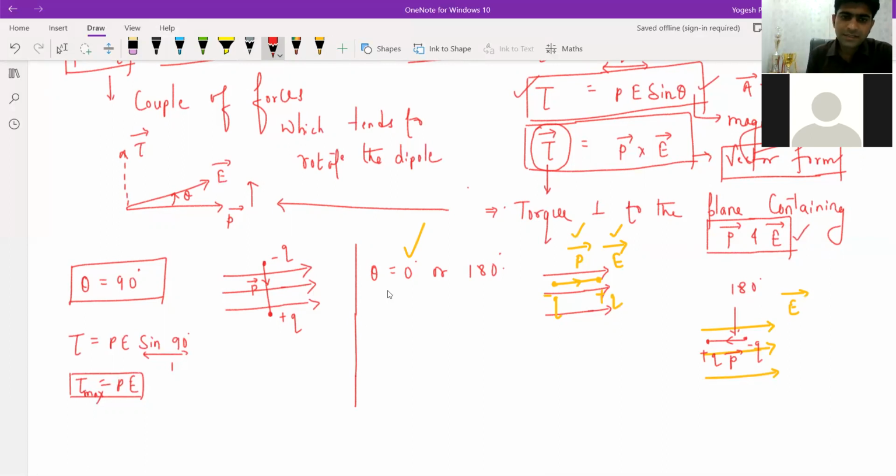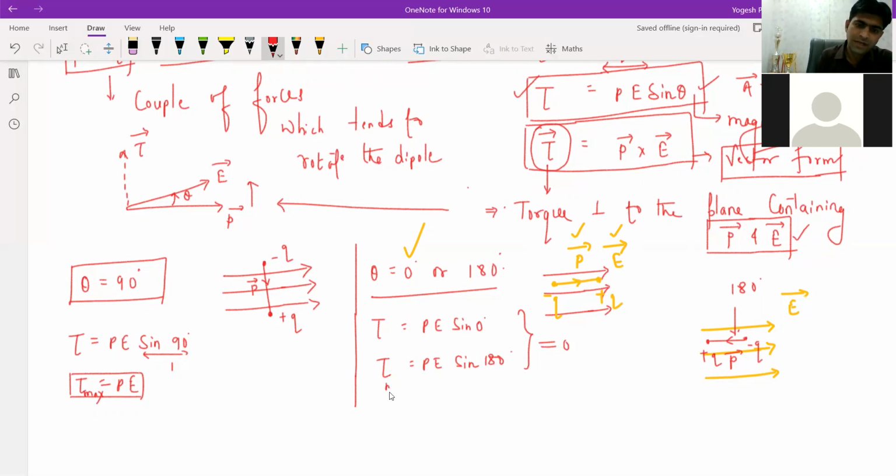In both the cases, either you write tau is equals to pe sine 0 or you write tau is equals to pe sine 180 degree, both the values will become equals to 0 because sine 0 is also 0 and sine 180 is also 0.